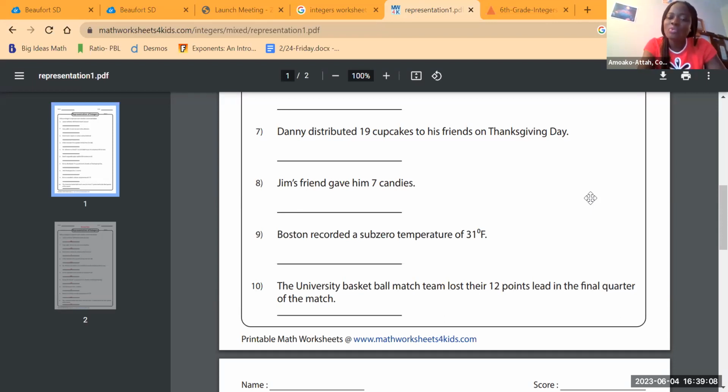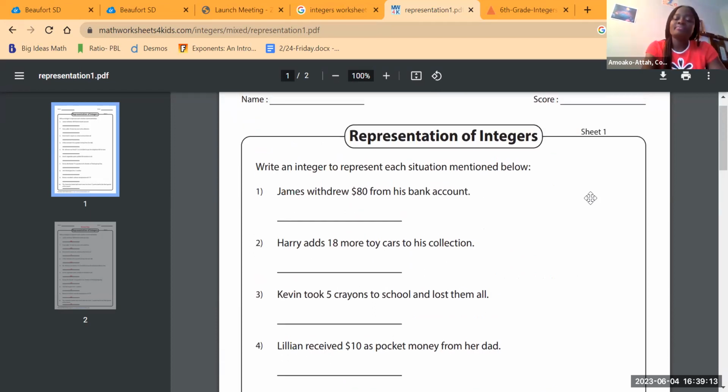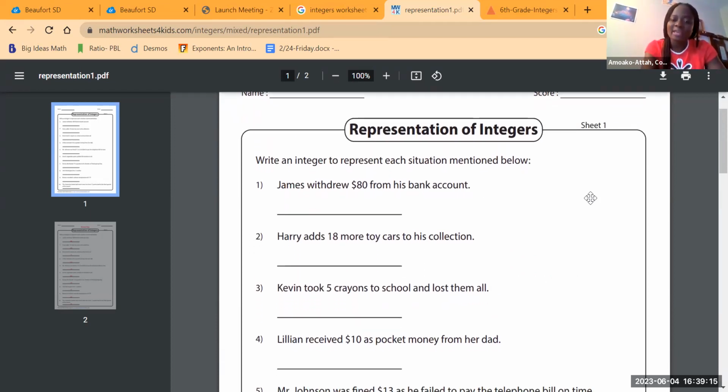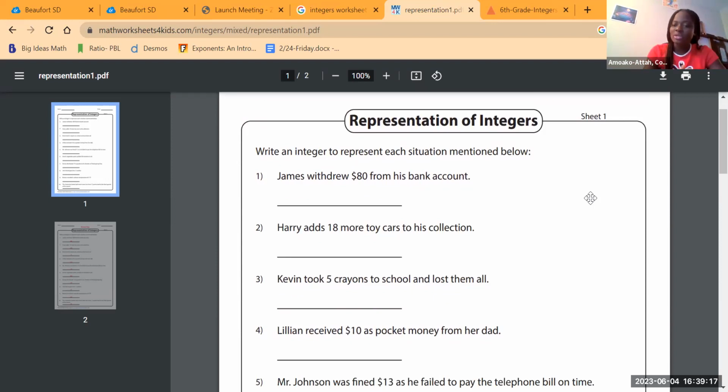These are some questions relating to everyday life situations. We try to relate you losing something as a negative, and you gaining something becomes a positive value. So before you can solve the addition and subtraction of integers, you need to understand these situations and how to put them.